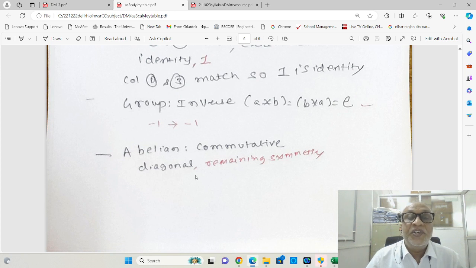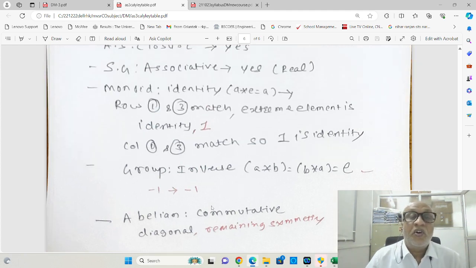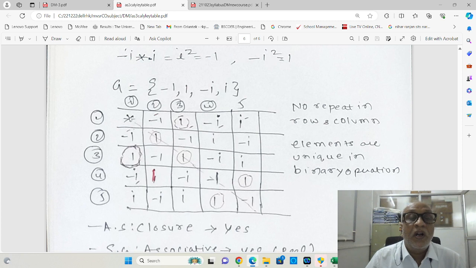The last thing to be checked is whether it is commutative or not. For that, we need to check whether it is abelian or not. What we have to do is draw a diagonal from this binary operation. After drawing the diagonal, we have to check whether there is a symmetry in rows and columns or not. Minus 1, minus 1.